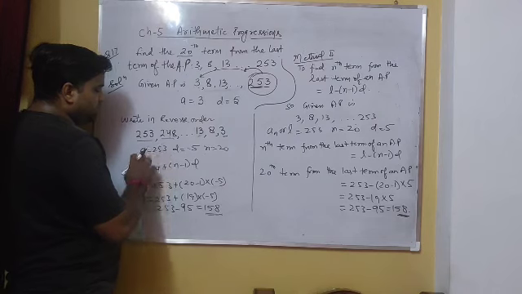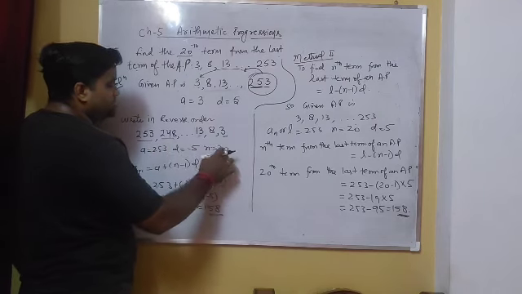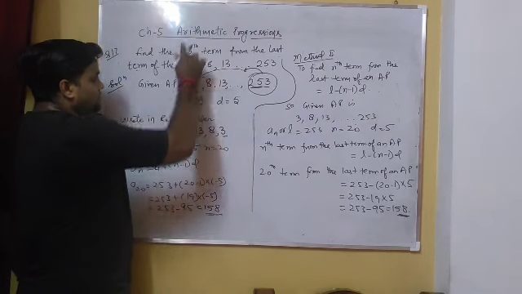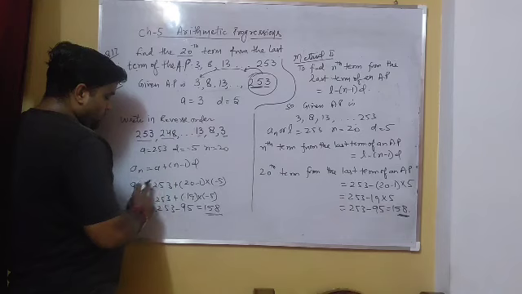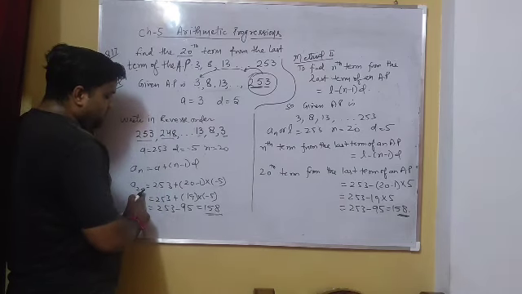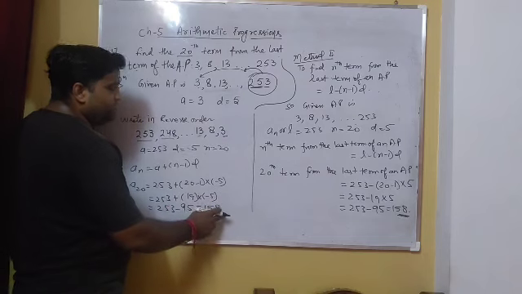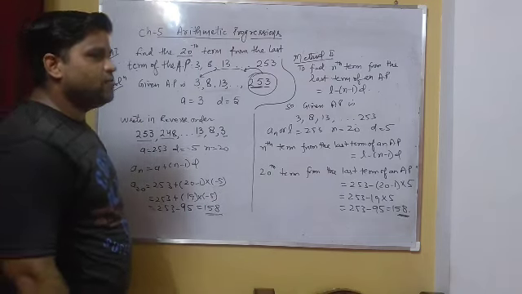For this our first term is 253, the common difference between the terms is d equal to minus 5, and n is equal to 20, because we have to find the 20th term. So our formula is An equal to a plus n minus 1 into d. On putting all the values, we get that our 20th term from the last term of the AP is 158. So it's the first method to solve this type of question.